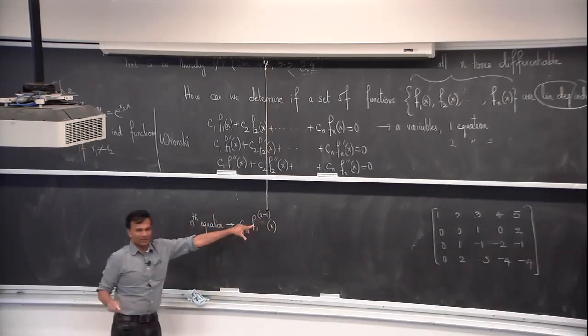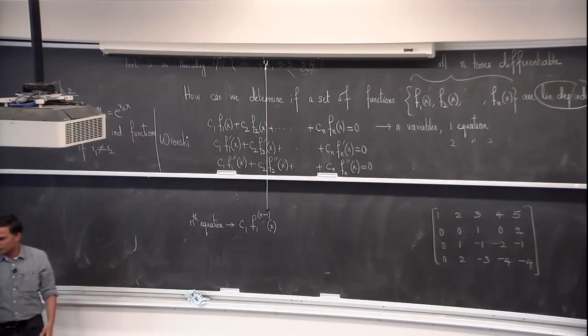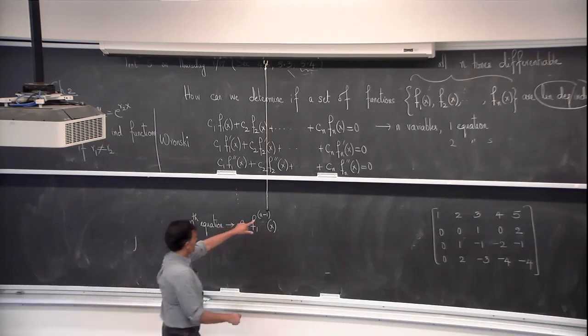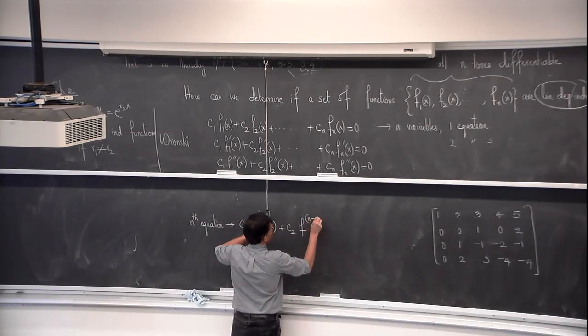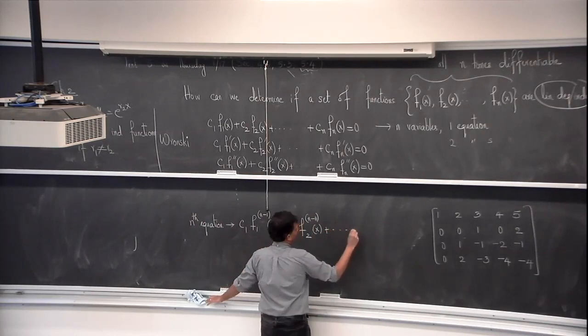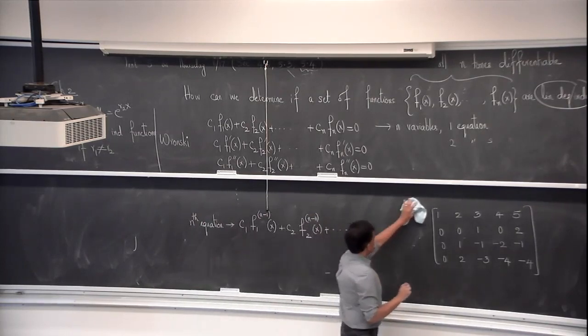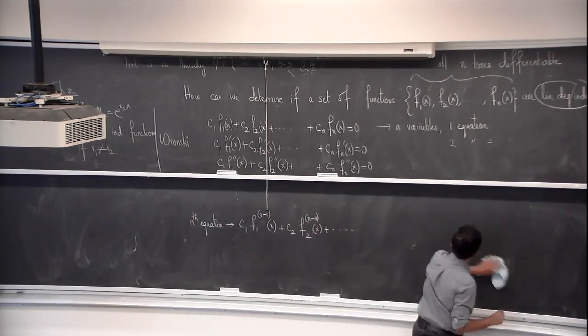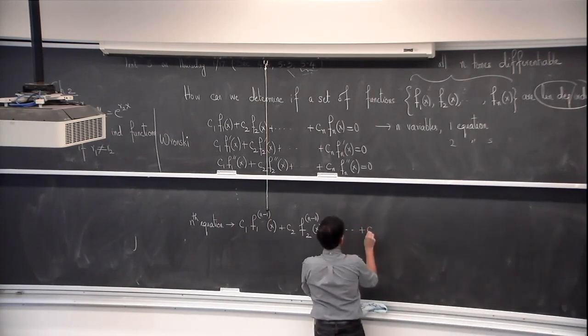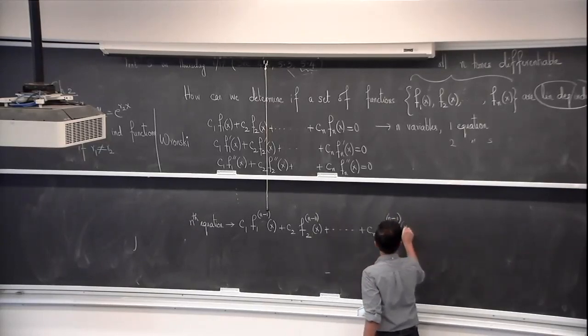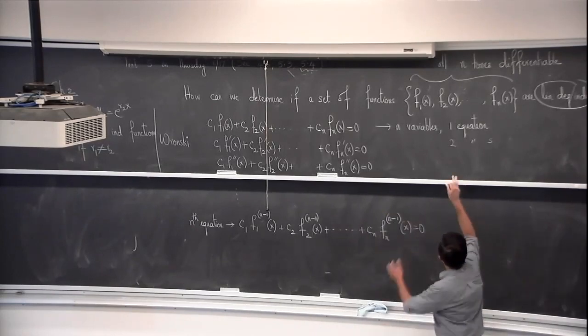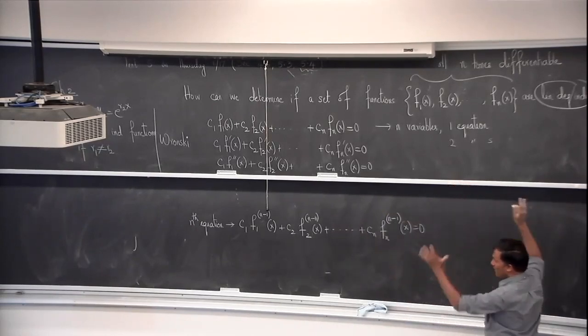I'm going to write it like this because that is the only way we could use that notation: c1 times the (n minus 1)th derivative of f1 of x, plus c2 times the (n minus 1)th derivative of f2 of x, and so on, up to cn times the (n minus 1)th derivative of the nth function fn of x, equal to 0. Now we have n variables and n equations. We have an n by n system now.